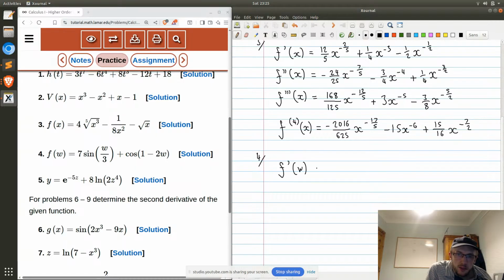F prime of W. Well, that would be 7/3 cosine W over 3. And then this here would be sine goes to cosine, cosine goes to minus sine, but check it out. There's a minus sign right there. Sine with a G in it. So that's going to be plus.